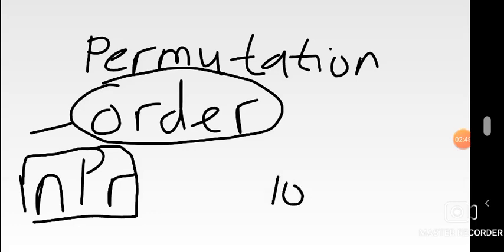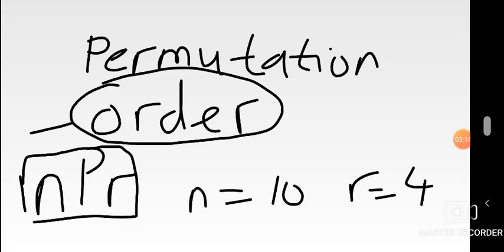Those same number of things they want to try out is your n, the total number you want to try out. r is how you want to allocate those 10 things. Maybe you want to allocate them in 4 slots. That's the r. I want to do it in 4 ways, that's the r.